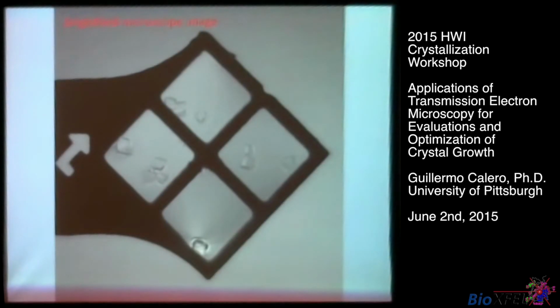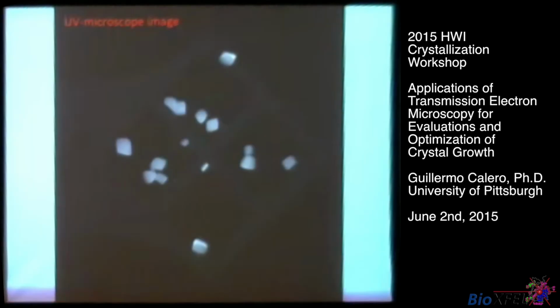So basically what we did now, this is the latest generation, but this is for larger crystals. So you can see the bright field image. We take the UV, see how nice it looks.